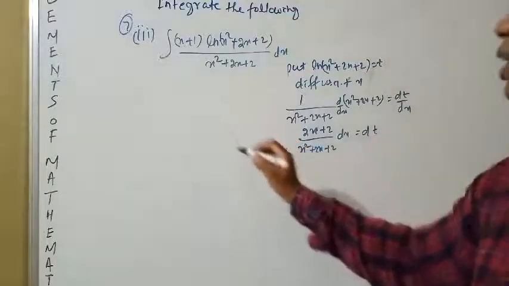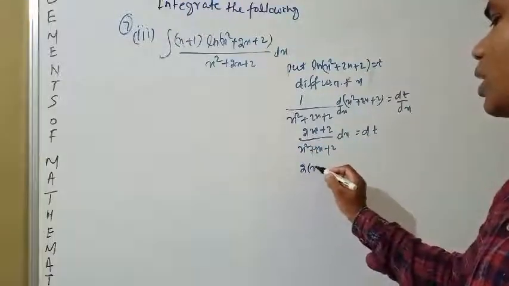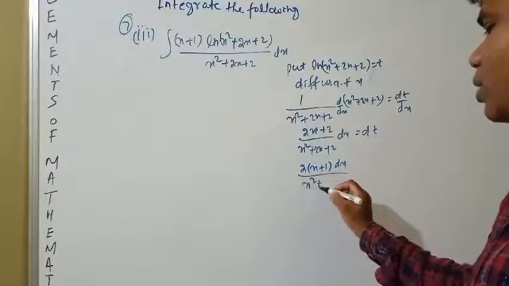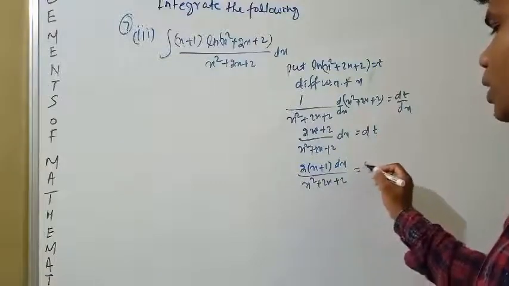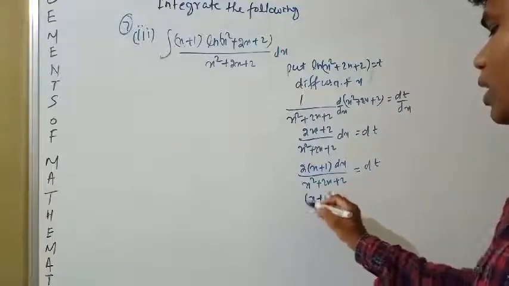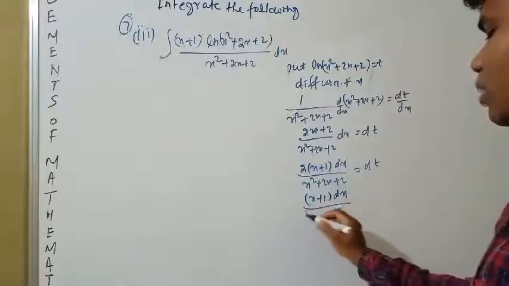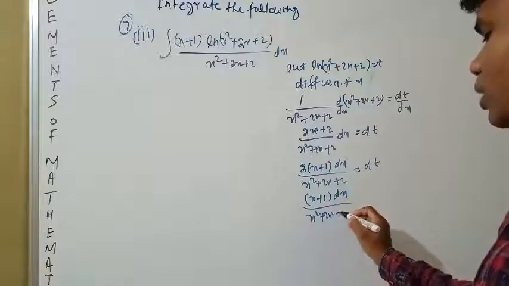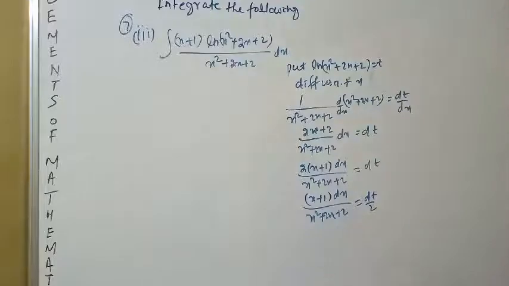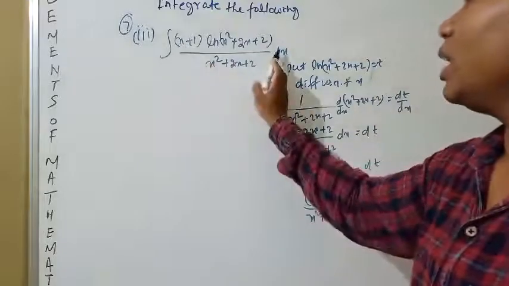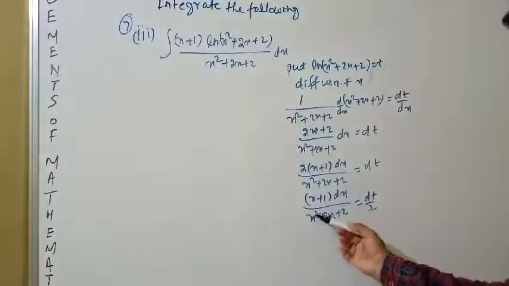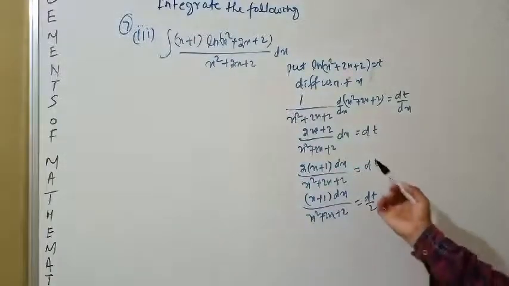You see, taking common 2 here, x plus 1 dx by x square plus 2x plus 2 is equal to dt by 2.